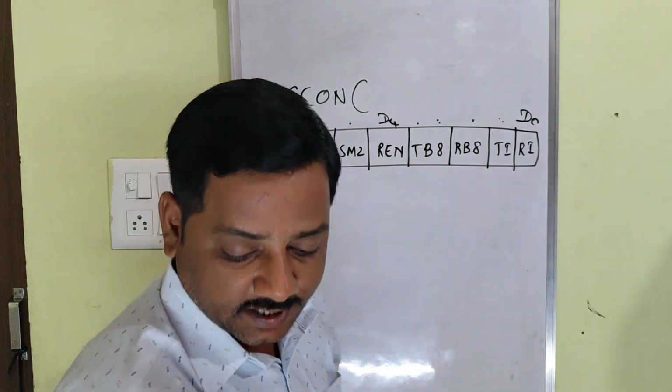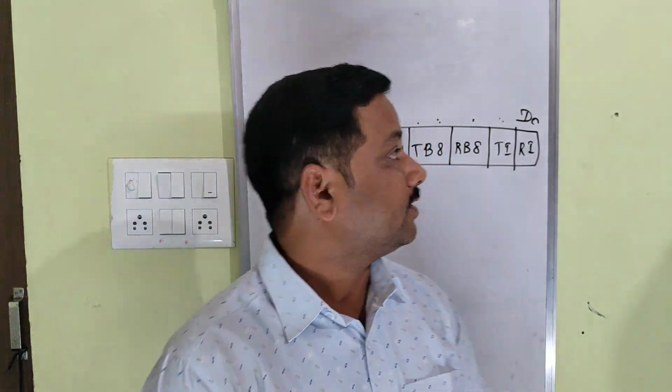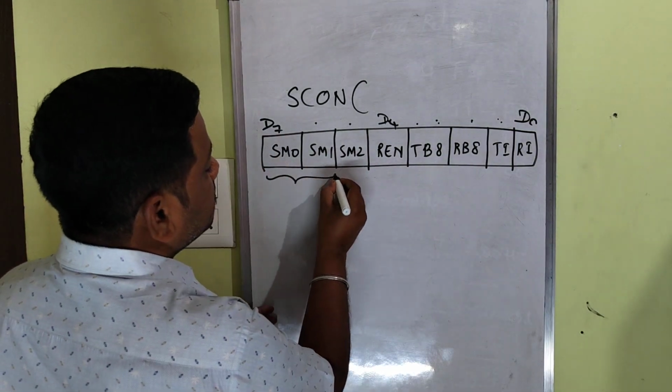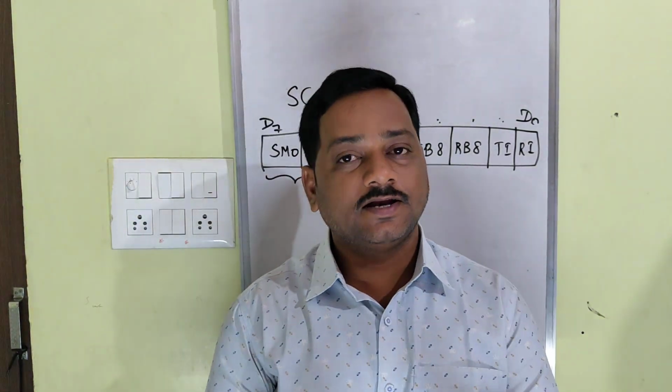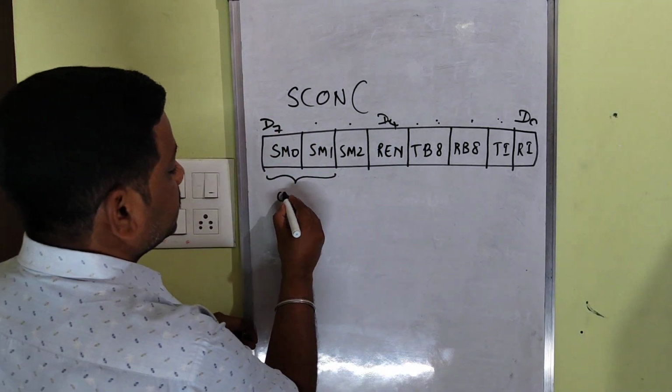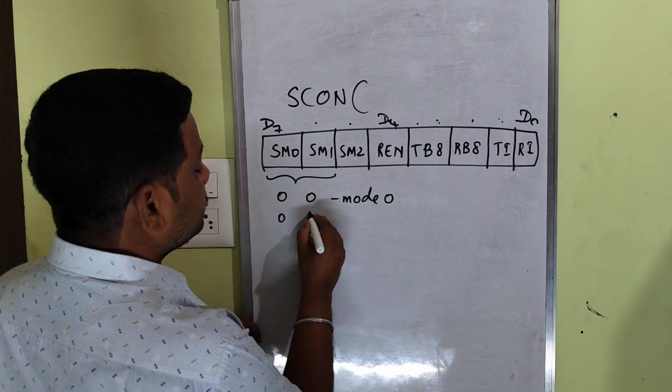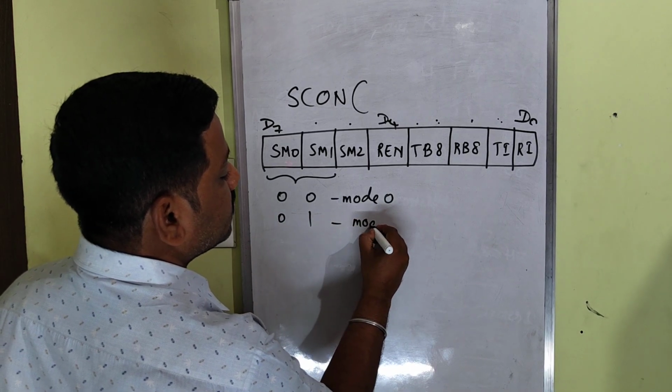Now let us understand the importance of this register and how it is used for serial communication. Bit by bit I will tell you. First let us look into these two. SM is nothing but serial mode. If I give 00 here, it will be mode 0. If I give 01, it is mode 1.